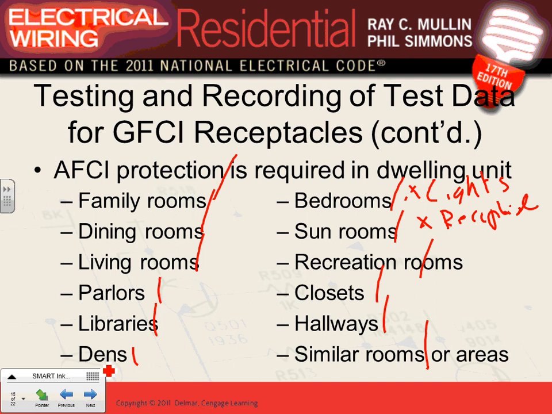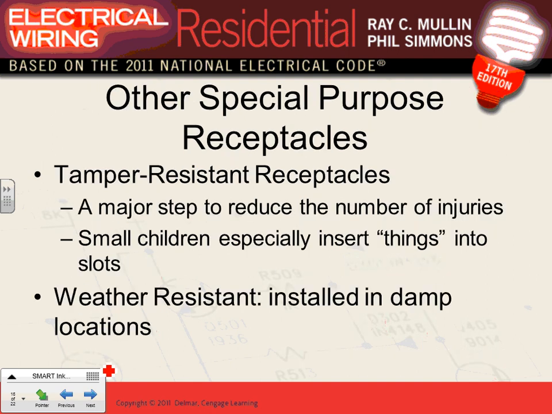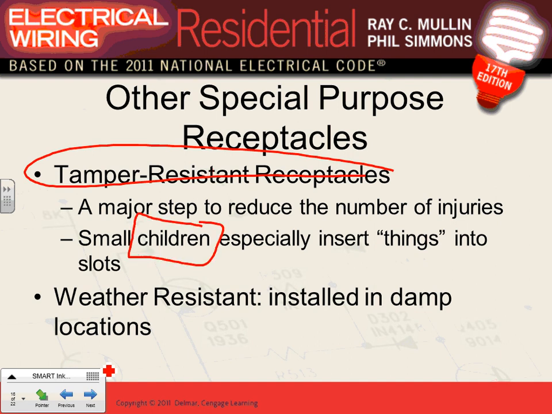Now, can you put AFCI and GFCI on the same protection? Yes. No problem. Okay. The second thing they require is tamper resistance, TR receptacles, right now. Tamper resistance because of children, because of paper clips in the hot.